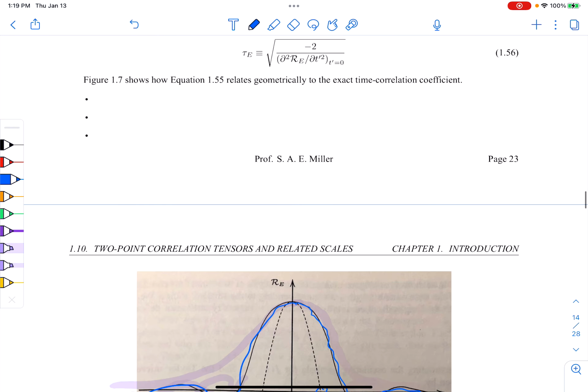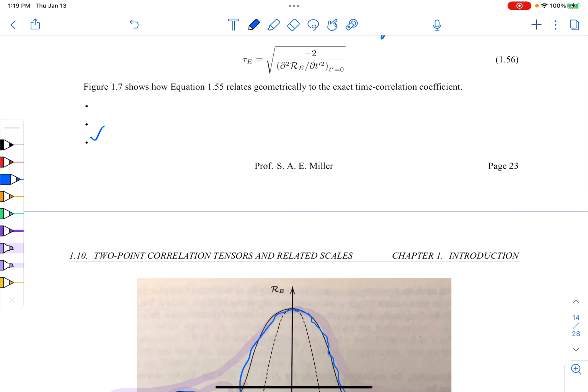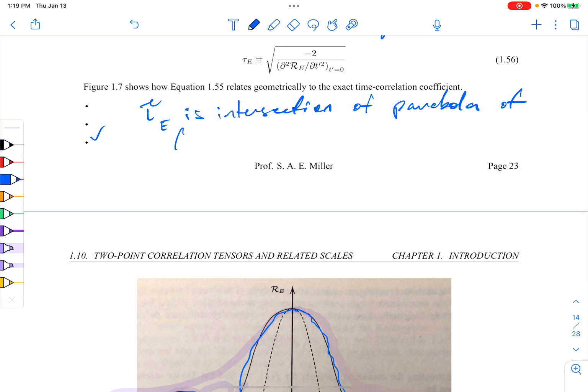I've kind of made the notes in this section verbally, but you just say tau e is the intersection of the parabola of figure 1.7, which of course is the autocorrelation. And most importantly, tau e is an intermediate time scale.